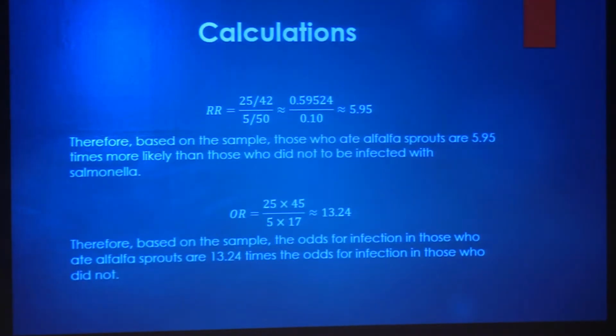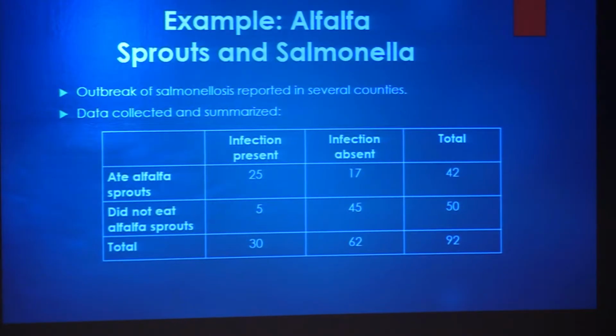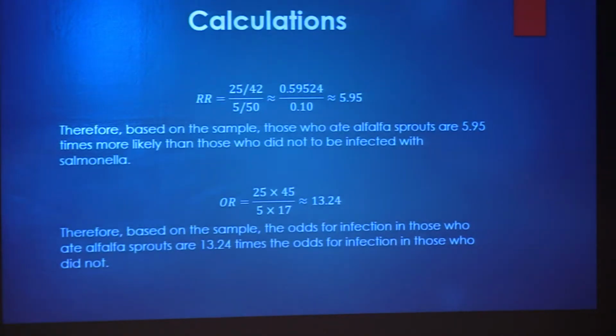Okay. So we're going to calculate the risk ratio and the odds ratio in both cases. Remember, for the risk ratio, what do we need? We need 25 divided by 42 in the numerator. That's the risk for infection in the exposed group. And divide that by the probability for the risk in the unexposed group.